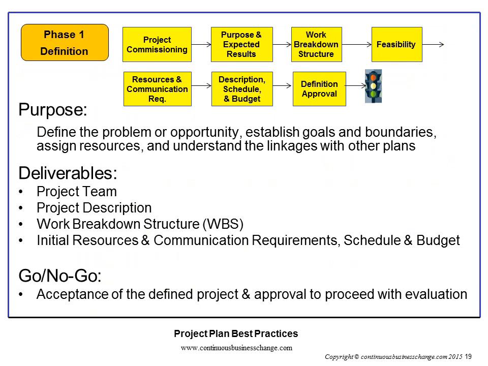Now we'll expand the definition phase to 7 steps. Our project description template expands it to 20 steps. The key deliverables of the phase include the project team, project description, work breakdown structure, initial resources and communication requirements, schedule, and budget.